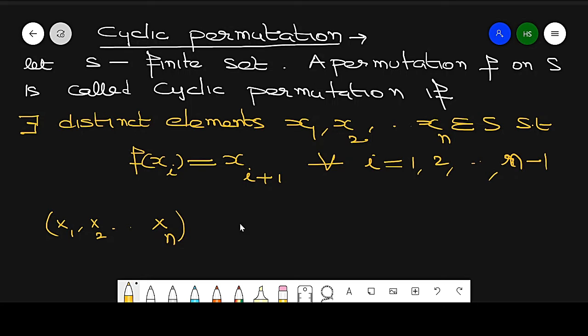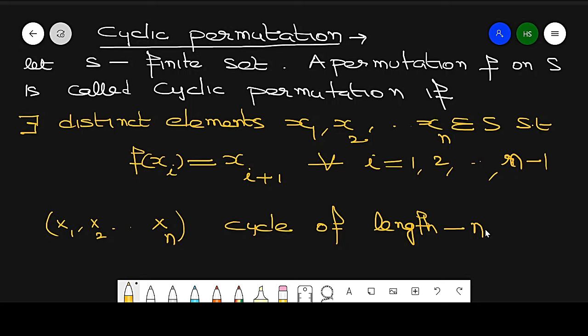So it is a cycle of length n. In this way we can find the cyclic permutations.